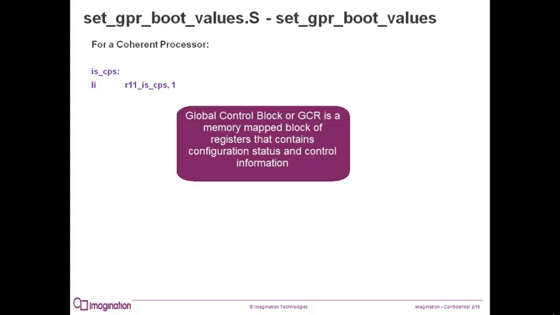This structure is called the global control block. This structure contains registers that can be read to determine the configuration elements within the CPS. These registers are called the Global Control Registers, or GCRs. Many of the registers can also be written, changing the CPS configuration.